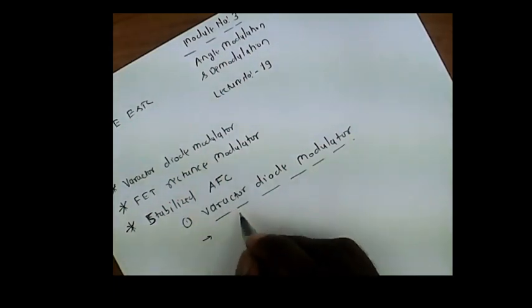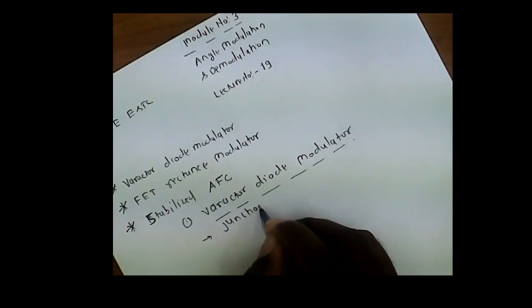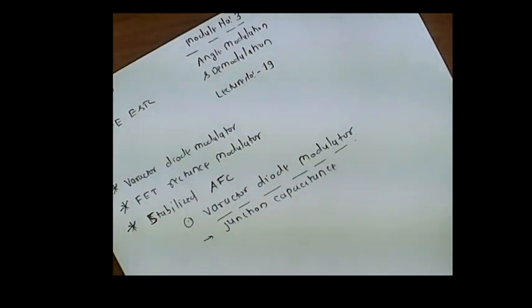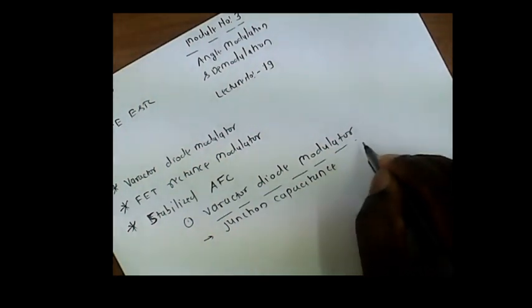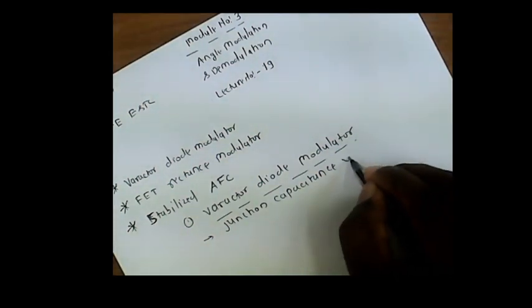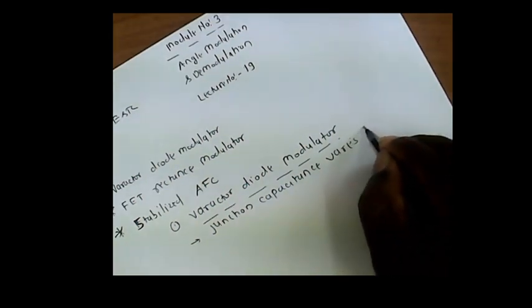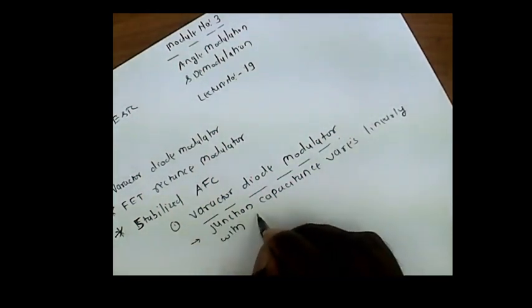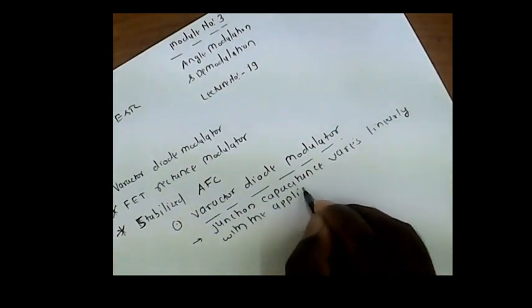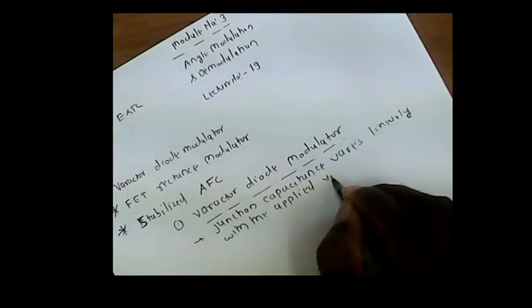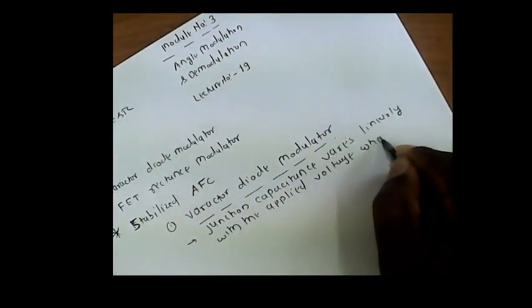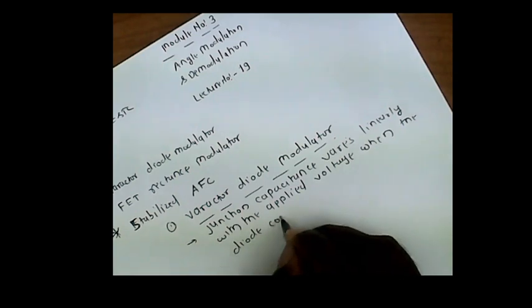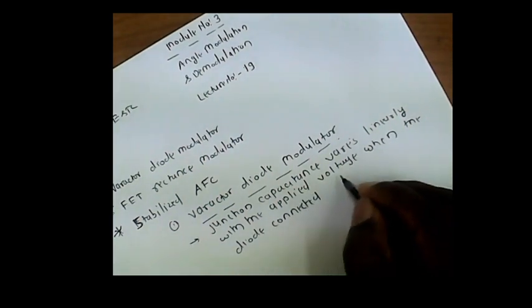It works on the basis of junction capacitance varying linearly with the applied voltage when the diode is connected in reverse bias.